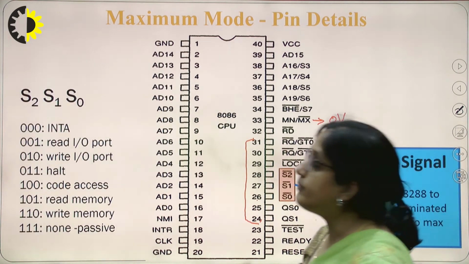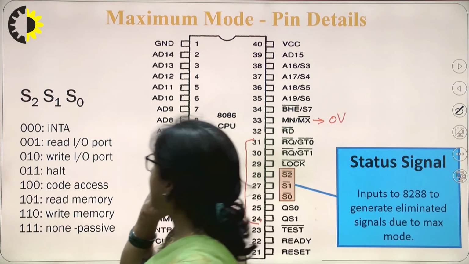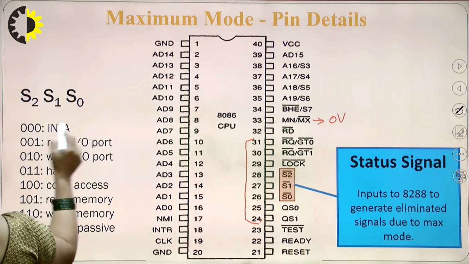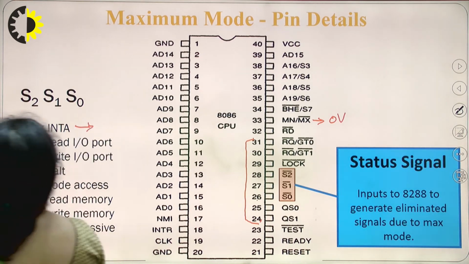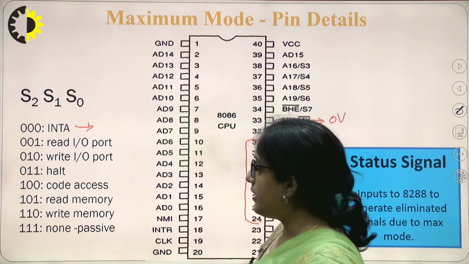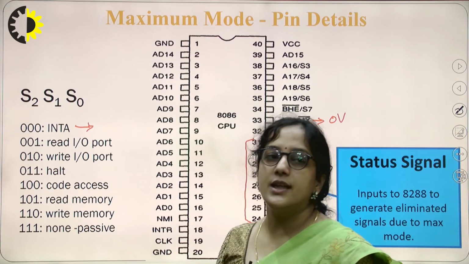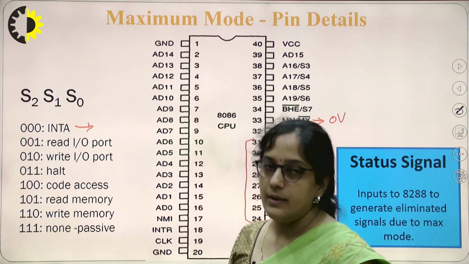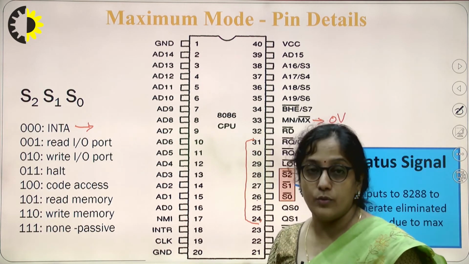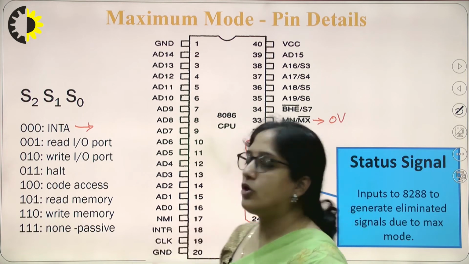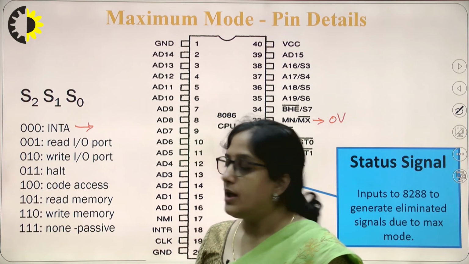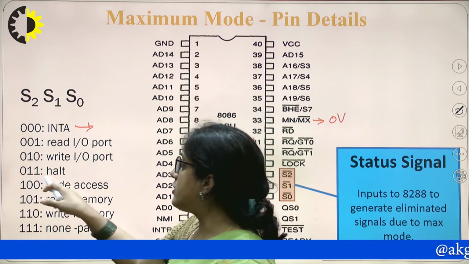So in maximum mode, for these pins S2, S1 and S0, if these are 000, it means the microprocessor is performing an interrupt acknowledgement. If 001, it indicates that the microprocessor is reading an IO port. If it is 010, the microprocessor is writing into an IO port. Halt, that is no operation, means the system is stopped, and in that case the status is 011.